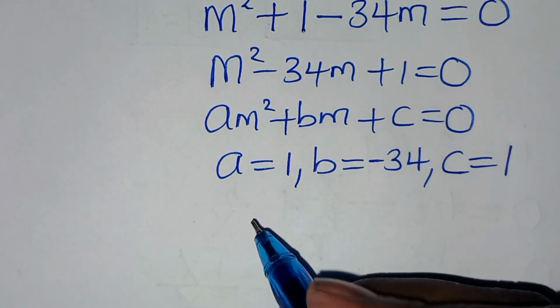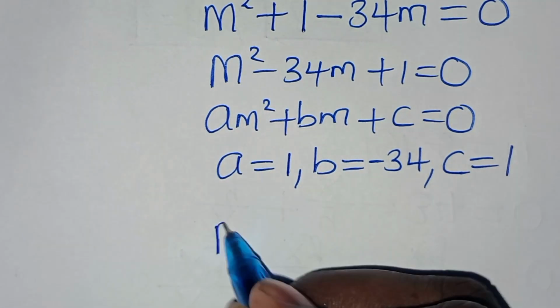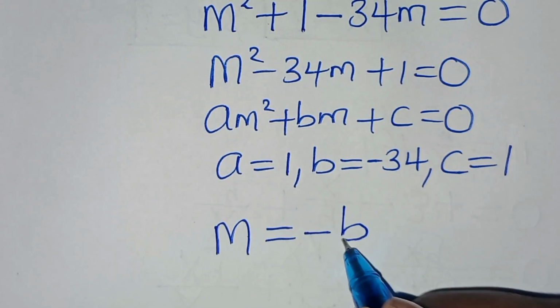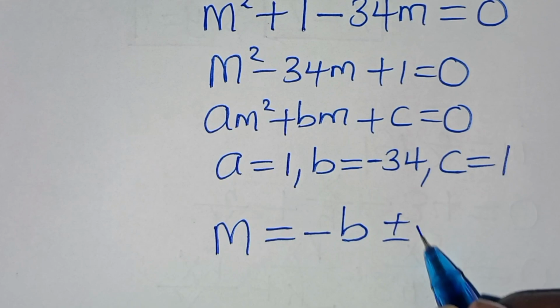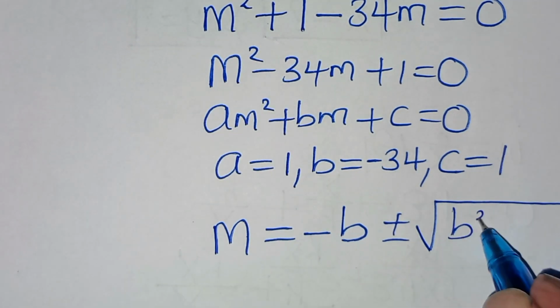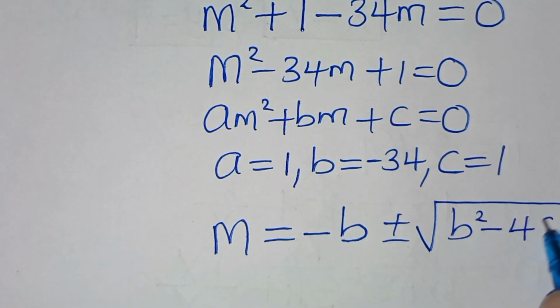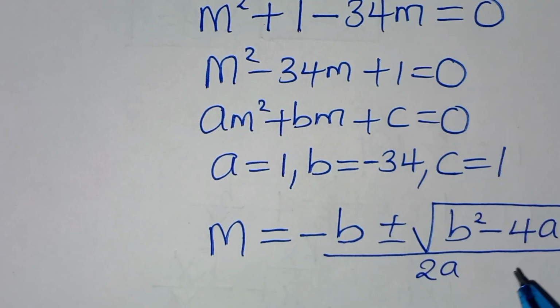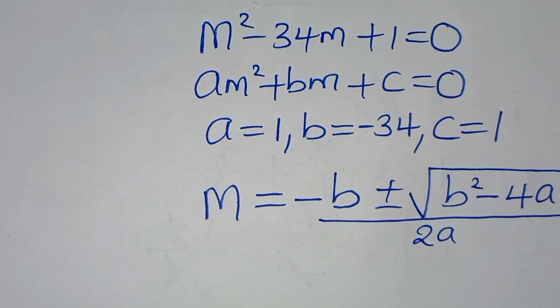So for m, we introduce the quadratic formula: minus b plus or minus the square root of b squared minus 4ac, all over 2a.